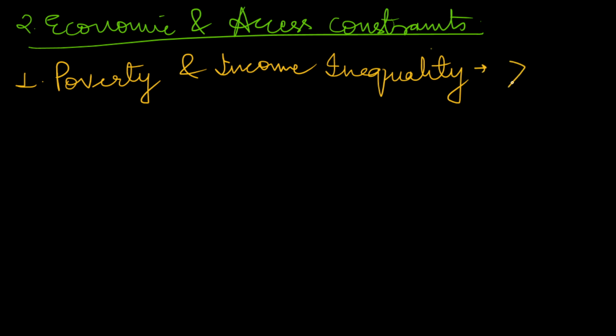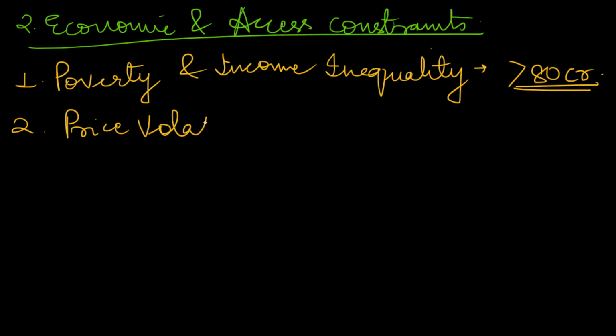Still, more than 80 crore citizens are dependent on the government for food supply. So this is one major problem. Secondly, price volatility is there. We always see the price of fruits and vegetables rising rapidly.